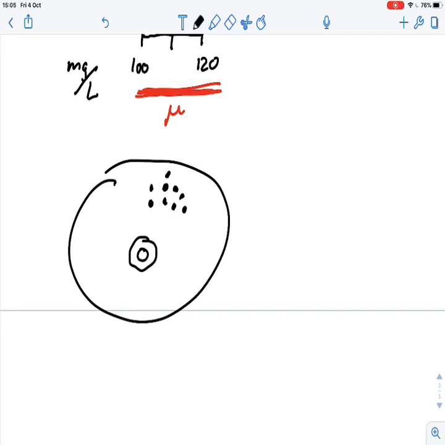Accuracy is they are spot on target. But here, I know what the target is. I have an external reference point. Does that make sense? So accuracy is getting it onto the target. Precision is getting it in one spot.